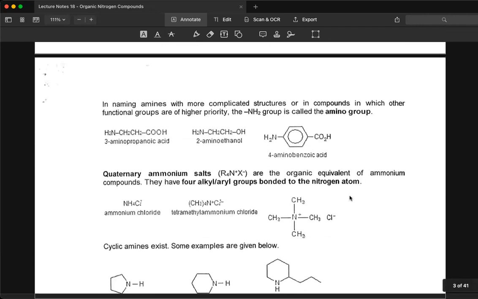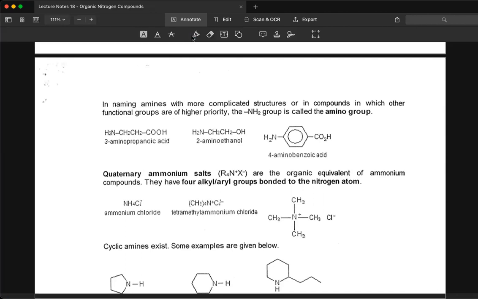So in naming amine with more complicated structure, or in compounds in which other functional groups are of higher priority, NH2 becomes the amino group. For example, the carboxylic acid is a higher priority functional group, so the compound becomes 3-aminopropanoic acid.